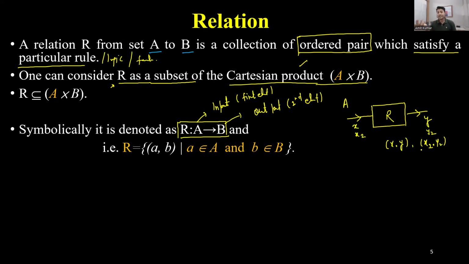Alexa, Siri, these are a few examples where a relation is used. Anything where we have a data set and want to relate it with something else using some logic, we can use the concept of relation.